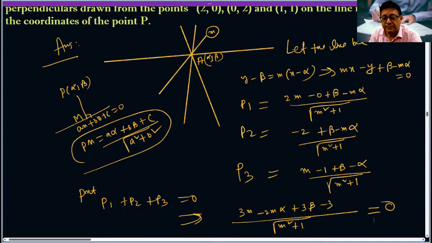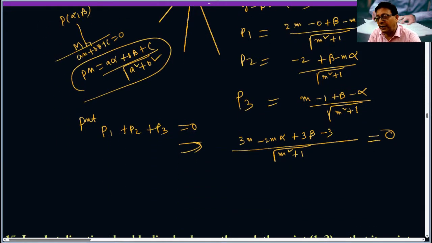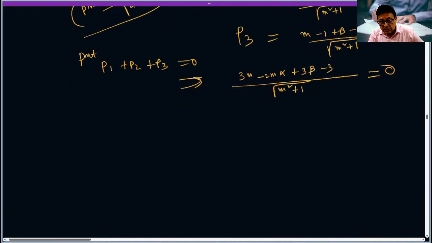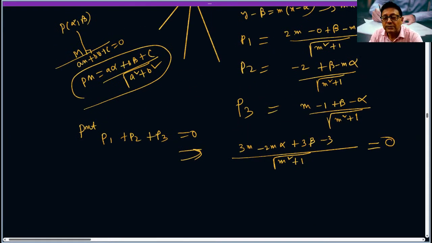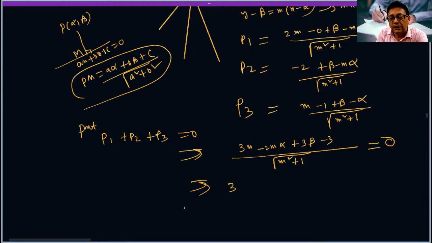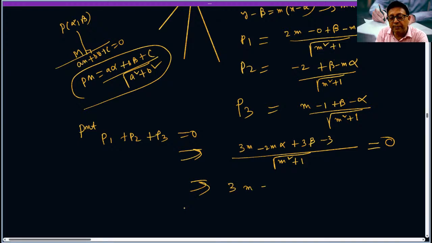Have I done it correctly? Yes, sir. So this implies 3m minus 2m alpha, 3 beta minus 3 equal to 0.